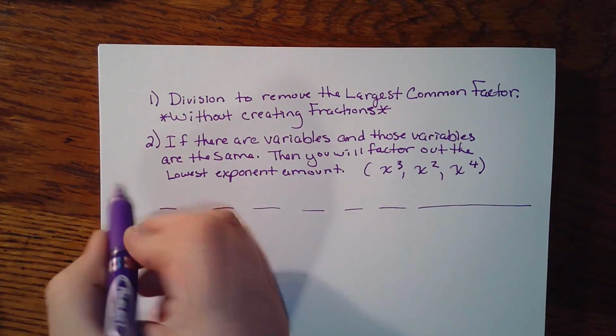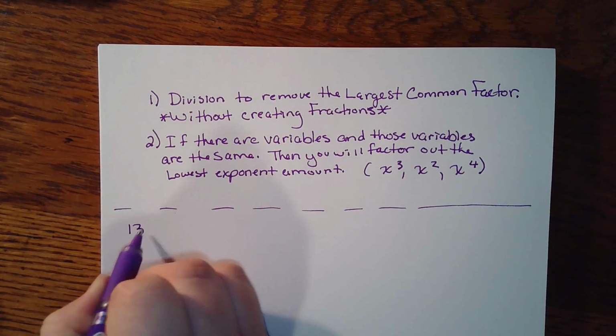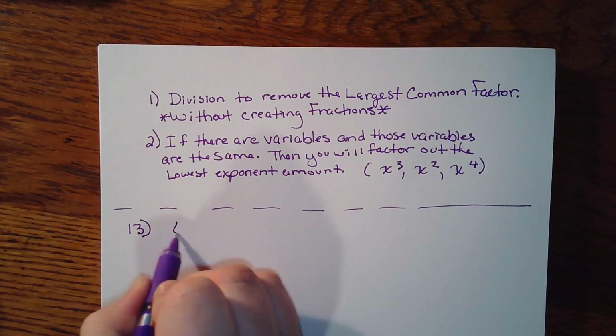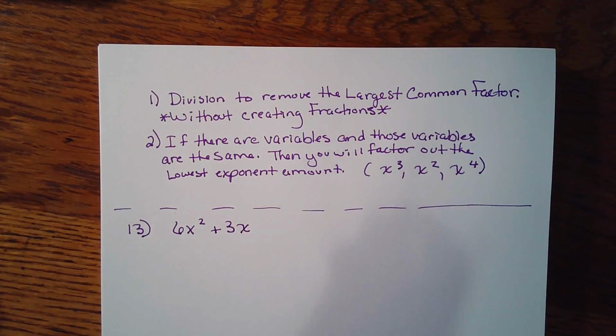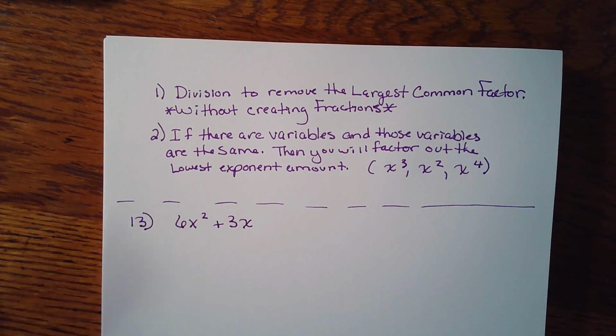So like I said, we're going to start off with number 13. So 13 is 6x squared plus 3x. Really this is quite simple. What we're going to do is stay with the numerical coefficients first and then talk about the variables. Remember, a numerical coefficient is very simple. It's the number in front in each term. So in this case, I have a 6 and a 3.